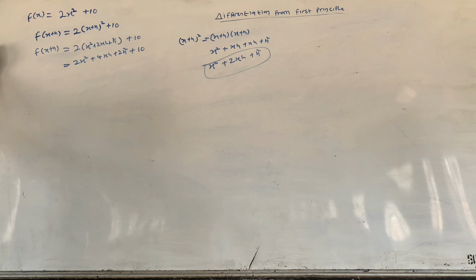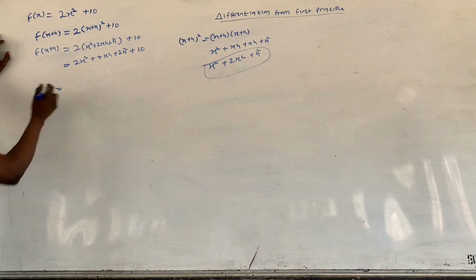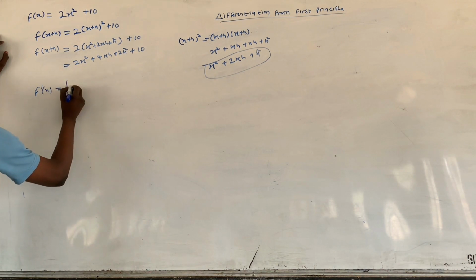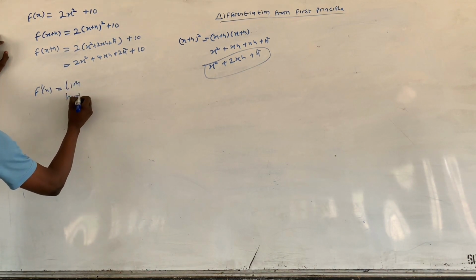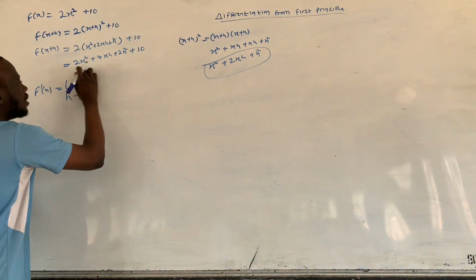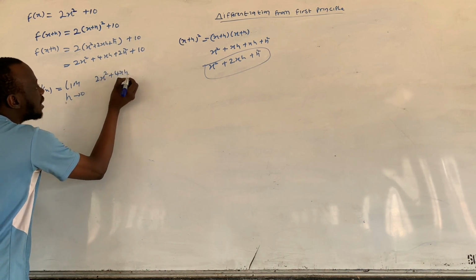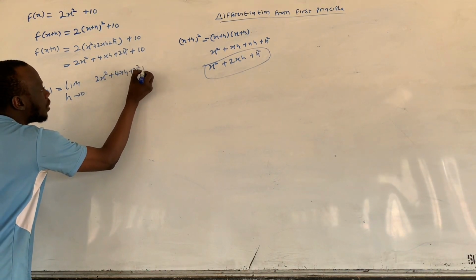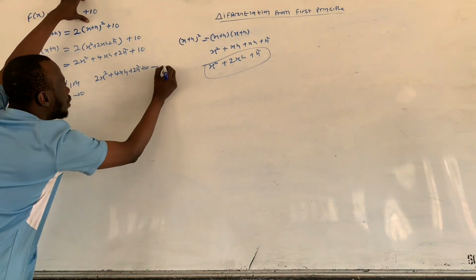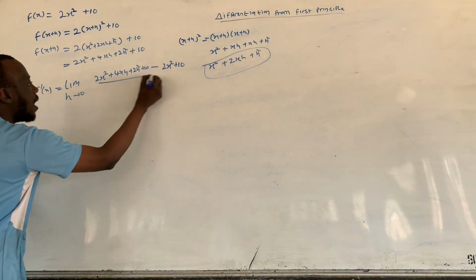So now, from here we can say that f prime of x equals the limit as h approaches 0 of f of x plus h, which is 2x squared plus 4xh plus 2h squared plus 10, minus our f of x, which is 2x squared plus 10, all over h.